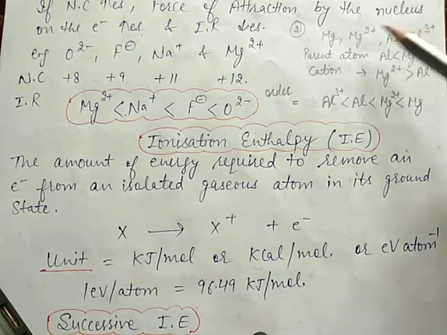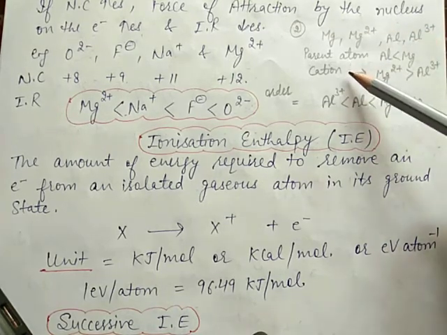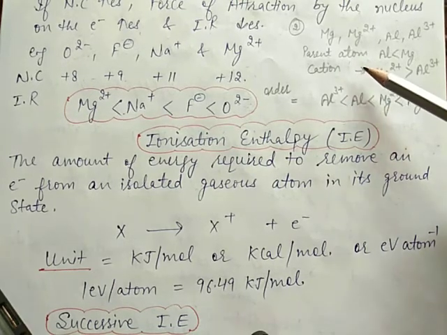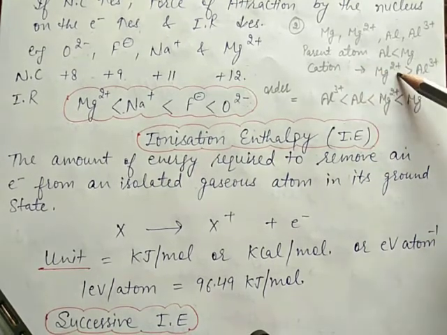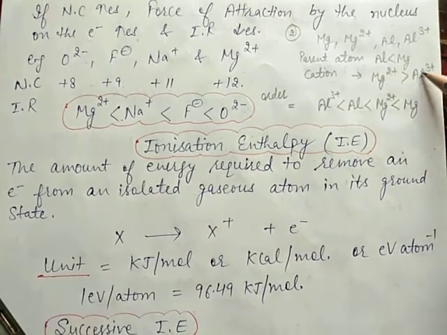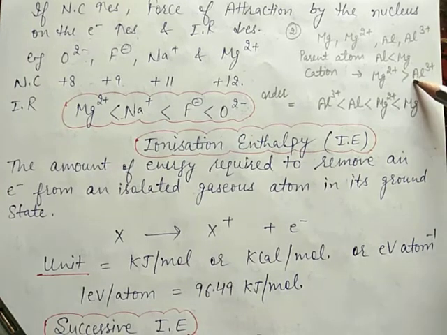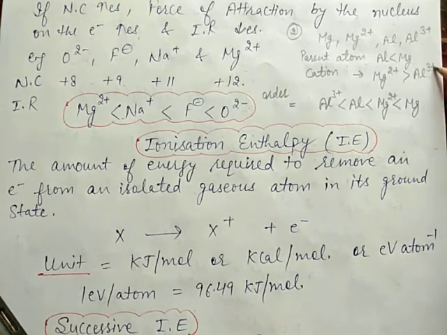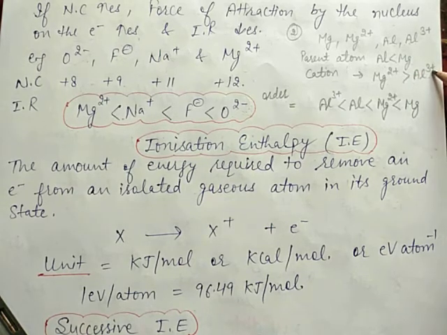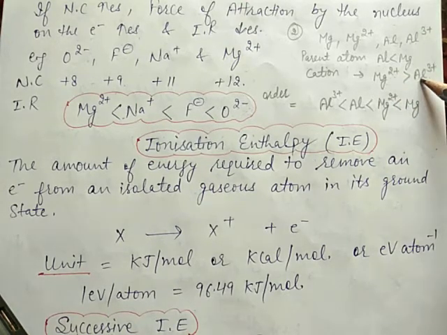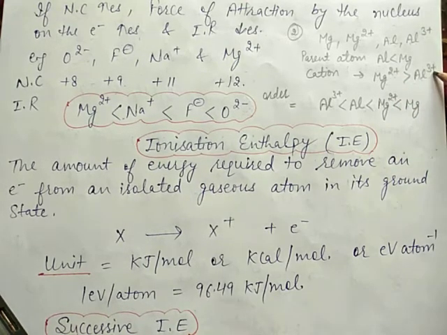But here two cations are also given. In case of cations, the size of a cation is always smaller than the parent atom. And in case of isoelectronic species, the size decreases as the nuclear charge increases. Aluminium plus 3 has more nuclear charge as compared to magnesium 2 plus. Means if size decreases, nuclear charge increases.